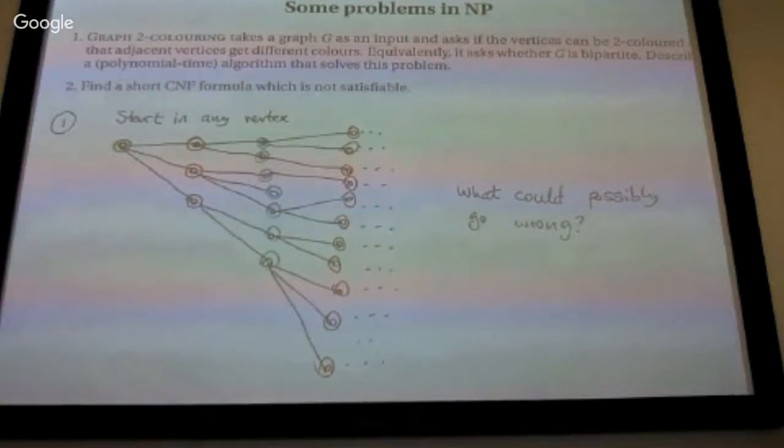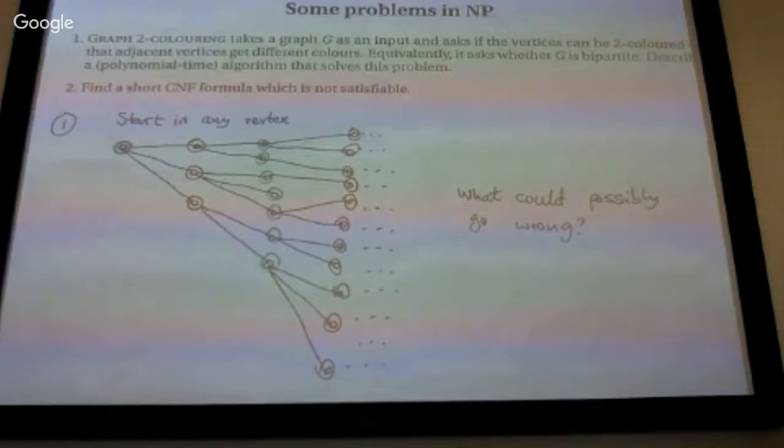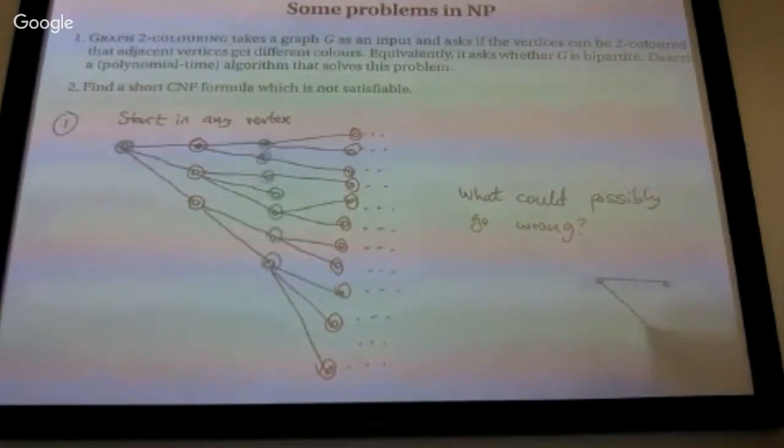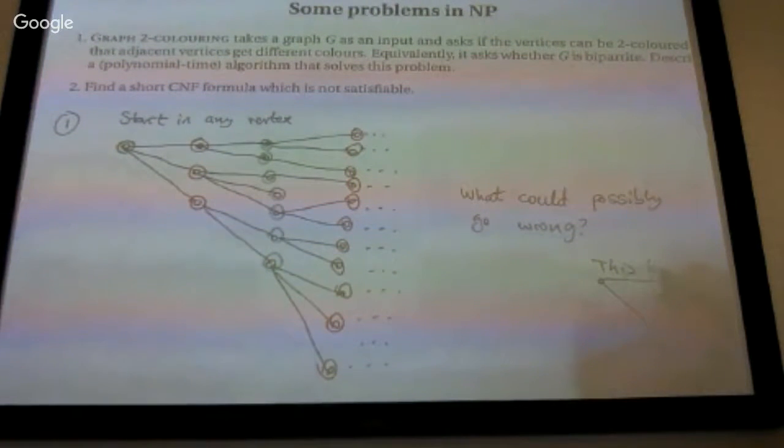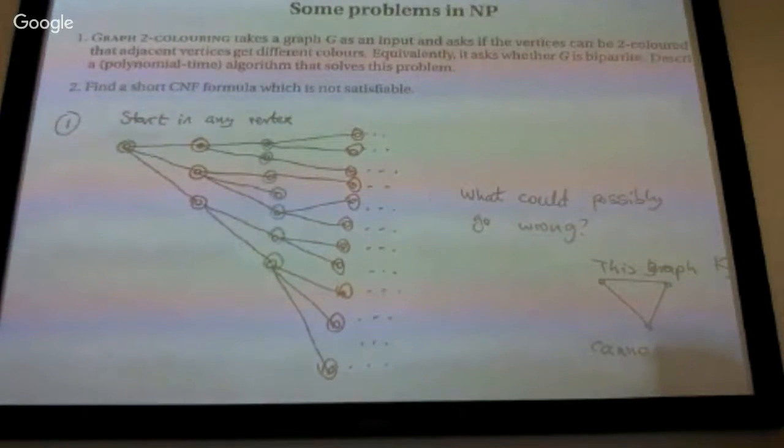Well, I don't think we should pretend that any graph can be colored with two colors. So there must be something that could go wrong, right? Did you get anything that could go wrong? You don't want to tell us. Okay, so for example, when you have a graph that is just a triangle, you've got this graph. Well, it's K because I'm thinking ahead. It's got K3. It cannot be two colored.